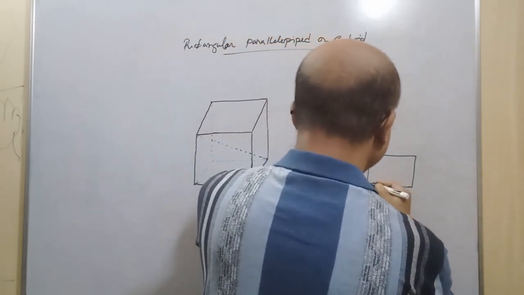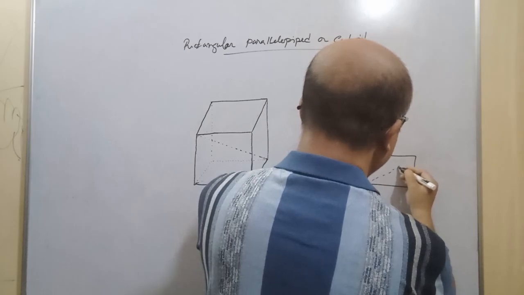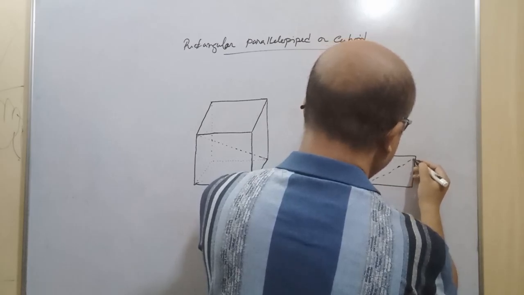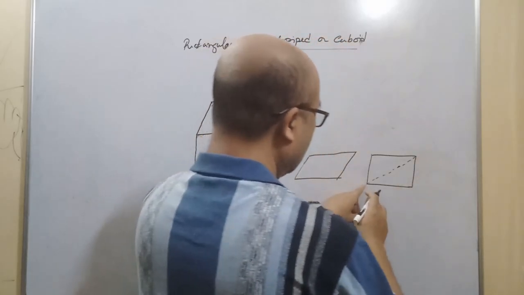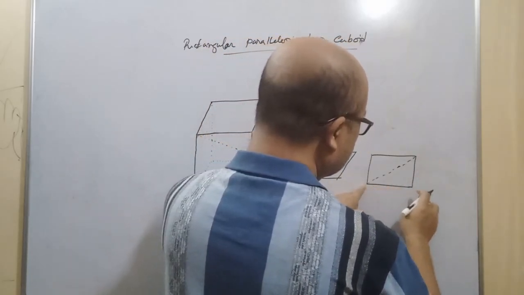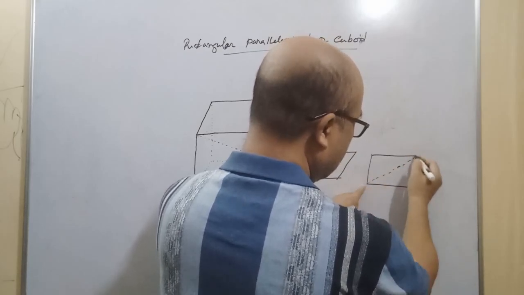So if this is the rectangular shape, what we can do is draw a diagonal from this point to this point. Then this whole thing becomes a right angle triangle.